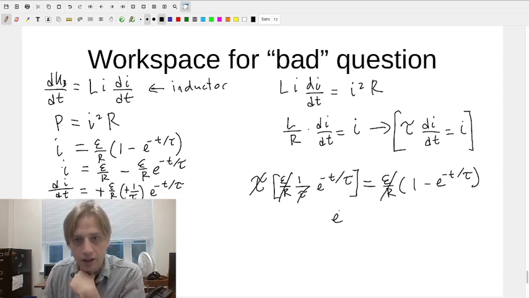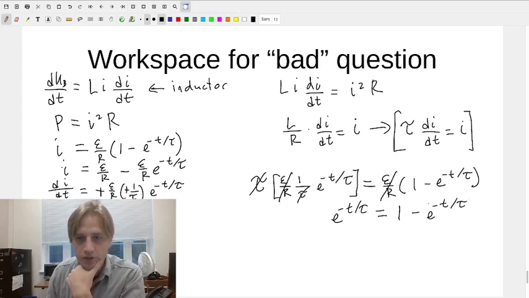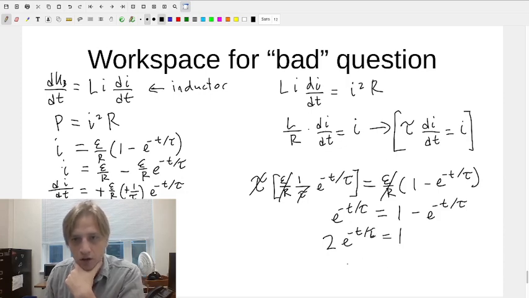And so I'm going to get e to the minus t over tau equals 1 minus e to the minus t over tau. I can add e to the minus t over tau to both sides, and I get 2 times e to the minus t over tau equals 1, or e to the minus t over tau equals 1/2.